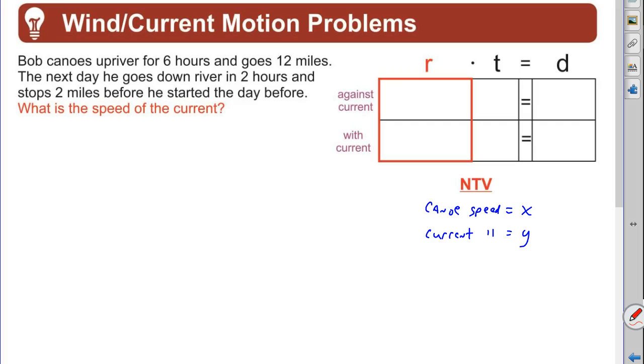When you're with the current, it helps you, and you add. When you're against the current, it hurts you, and you subtract. So this is going to be x minus y. The current's hurting me, against the current. This is going to be x plus y. It's with me. And by the way, in case you didn't know this, going up the river is always against the current. Going down the river is always with. So if you didn't know that, now you do.